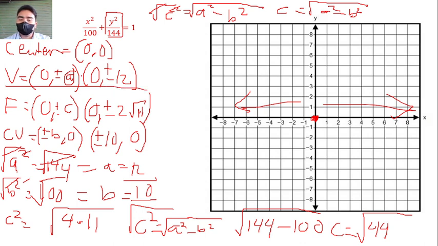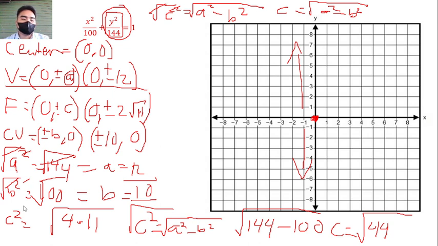Why? Because our principal axis by this time is the y-axis. So therefore, we are going to add and subtract coming from your center to the y-intercept or y-axis. Okay? So therefore, your vertices, we're going to add 12.